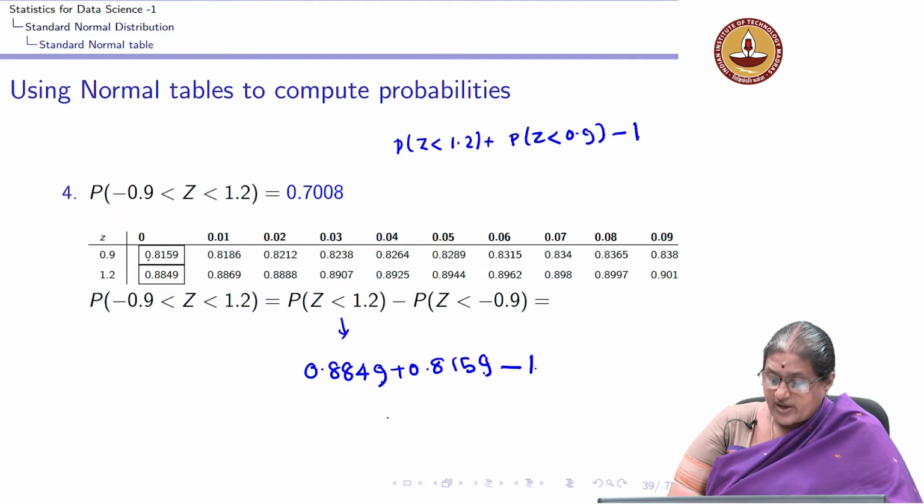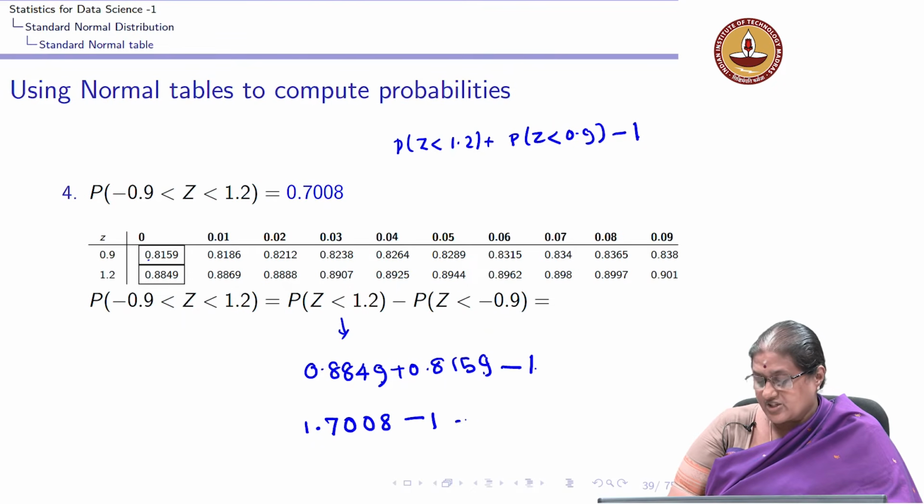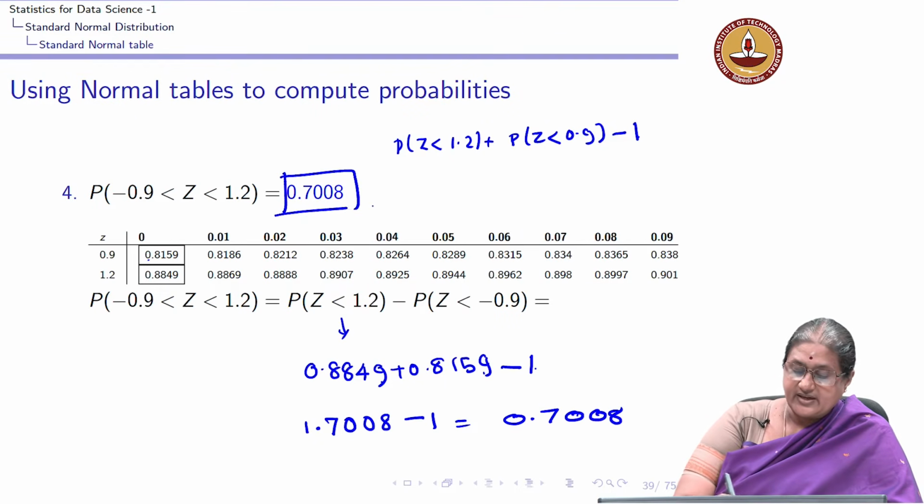So adding, I get 1.7008 minus 1, which is 0.7008. That is the answer I have here.